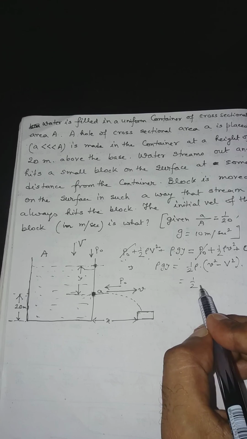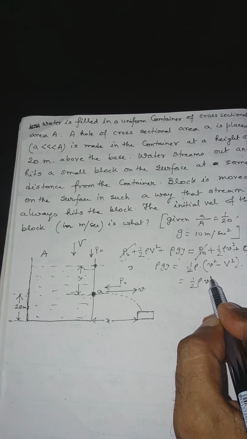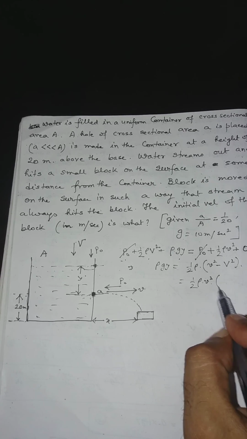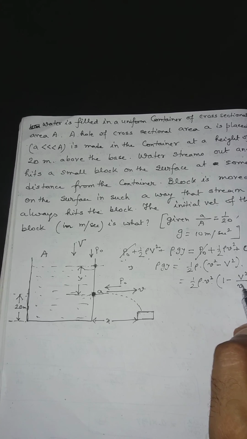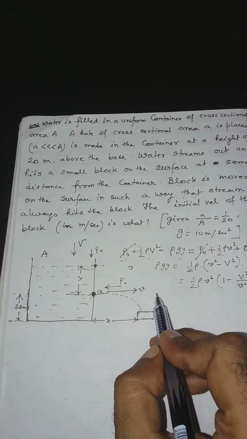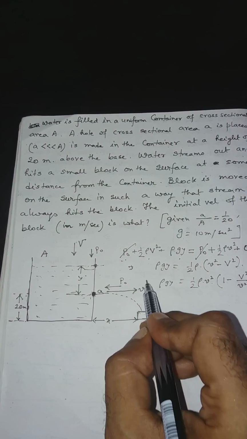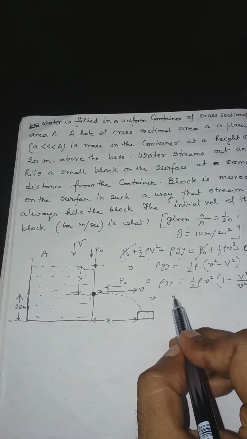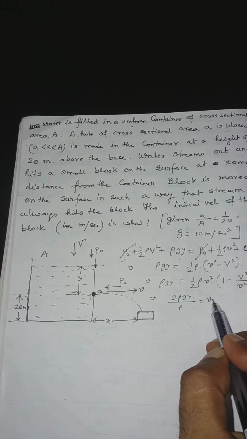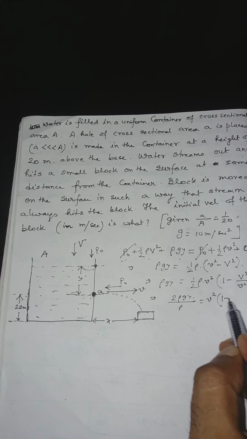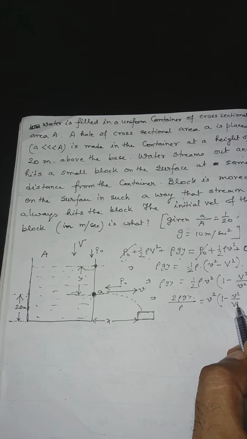If we take small v square as common, we get 1 minus capital V square by small v square. Now that equals rho g y, so we get ultimately 2 rho g y by rho is equal to small v square into 1 minus small v square by capital V square.